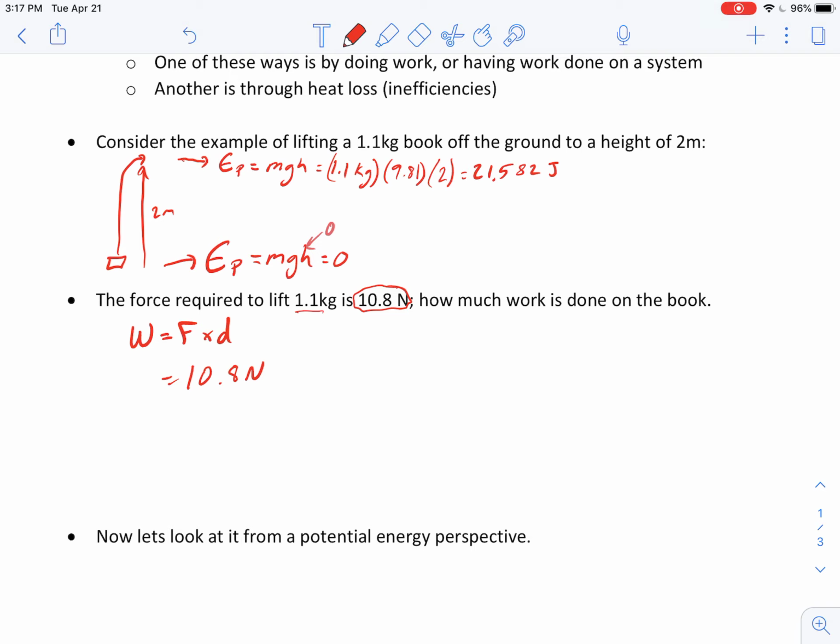And the distance that we're lifting it is that 2 meters as well. So 10.8 times 2 is, look at that, 21.6 joules, which, because I rounded this number here, is the same as this number.